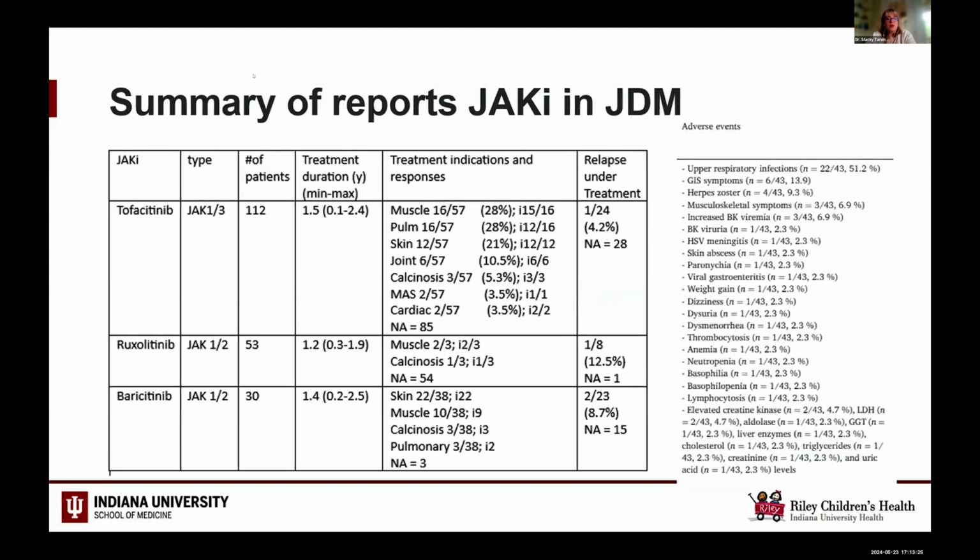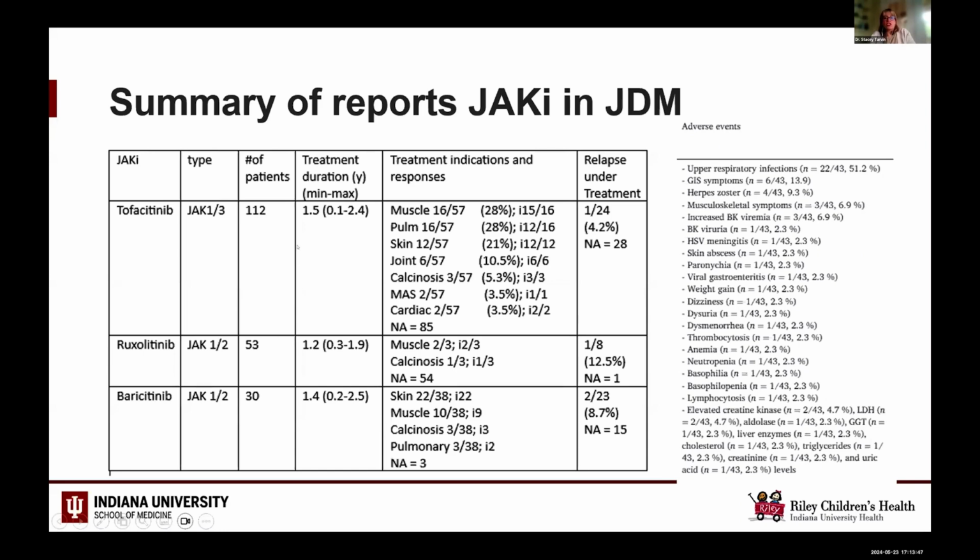I summarized one of the response charts to make it a little easier to view for this presentation. In looking at the summary of reports of JAK inhibitor use in JDM, of the 3 JAK inhibitors used, we have tofacitinib, which is largely a JAK1/3 inhibitor, and ruxolitinib and baricitinib in fewer cases, largely JAK1/2 specific.